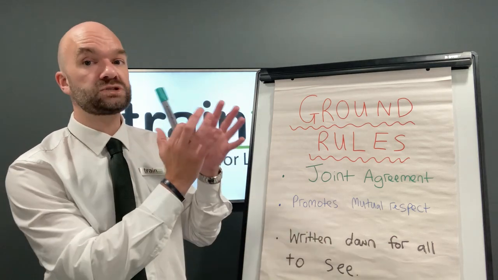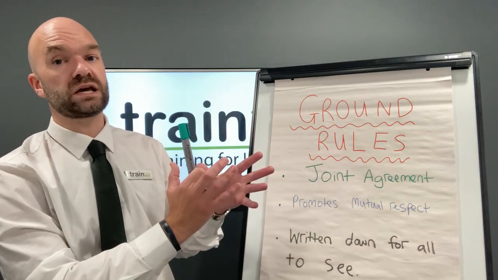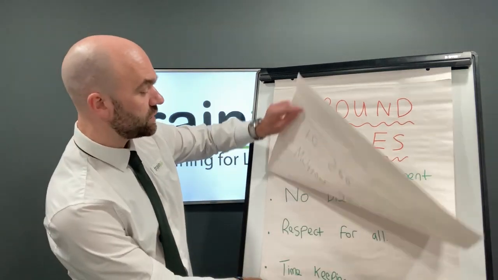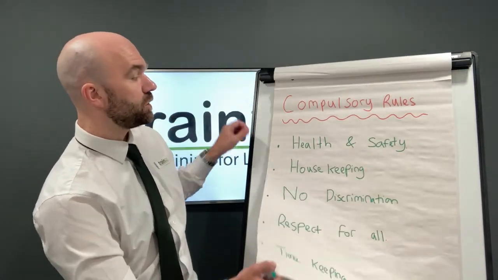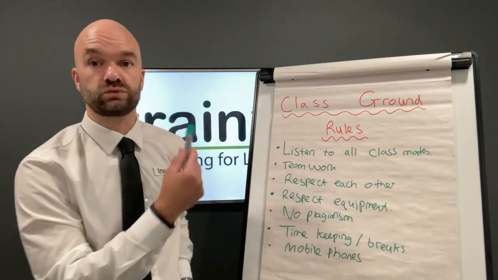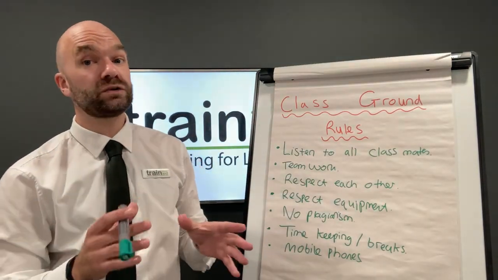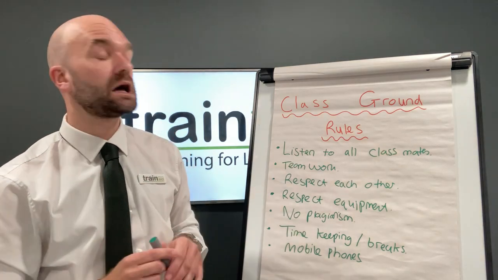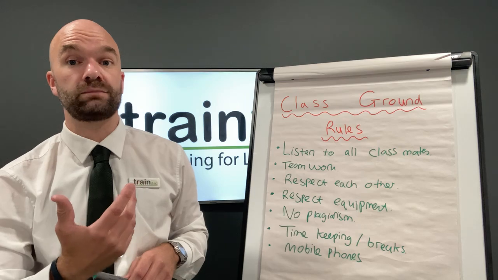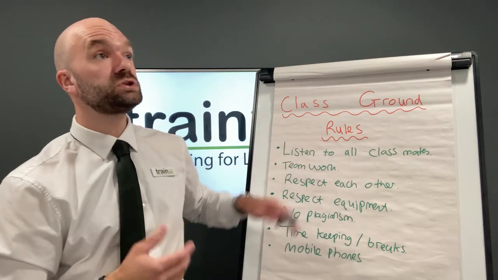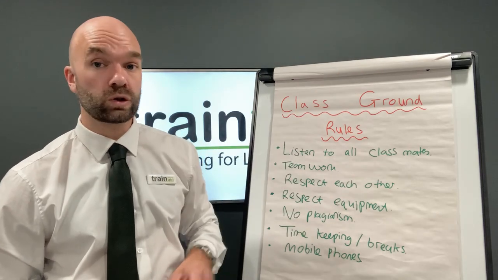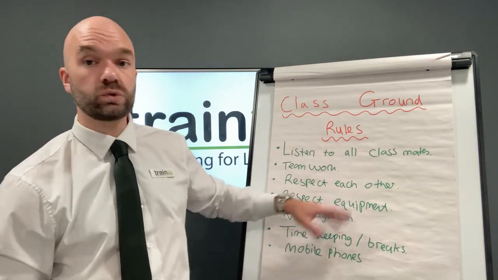So don't forget, yes, your compulsory or your organisation rules to reinforce them, but make sure that you are giving your learners the opportunity to come up with some agreed ground rules as well. Okay, hopefully this video has been very useful with establishing ground rules, what they mean, how to reinforce them. And once again, if a learner does break a ground rule, we can highlight that on our wall if it's there and present for all to see.